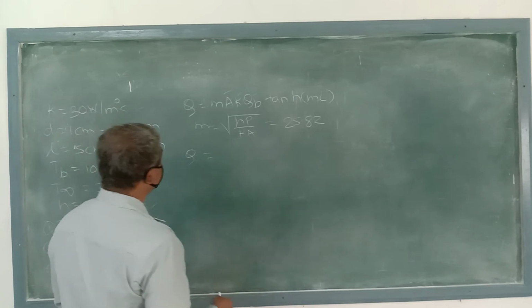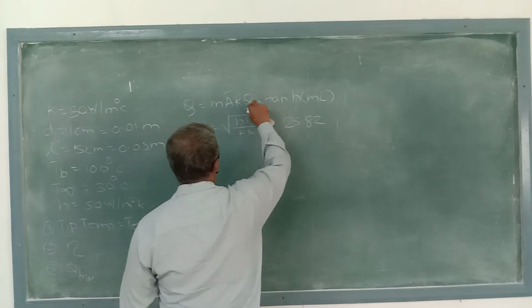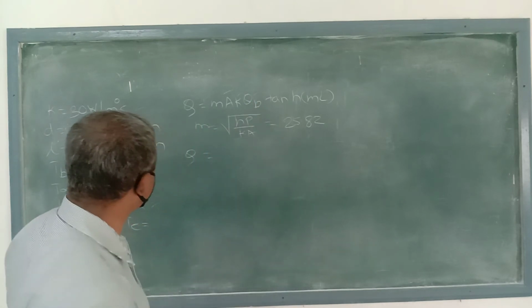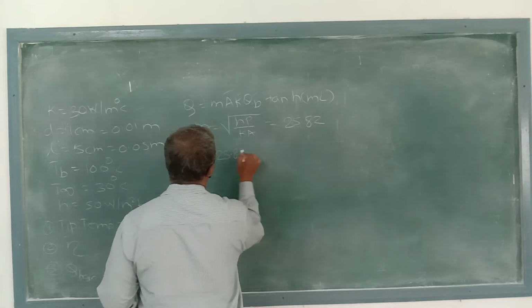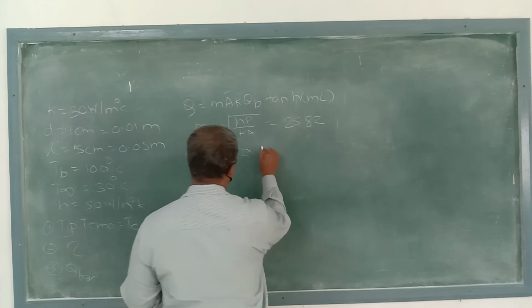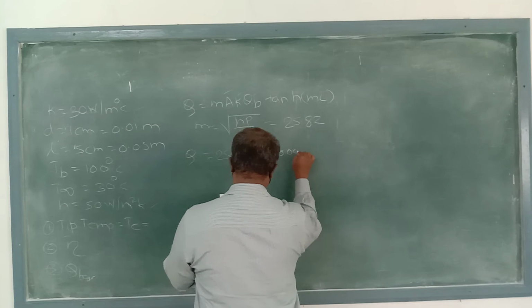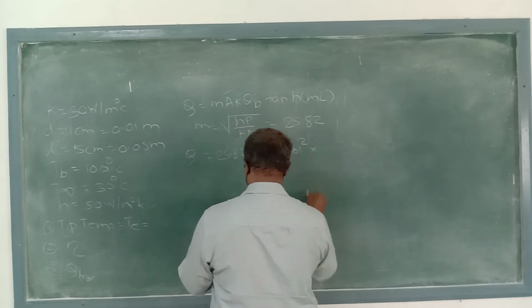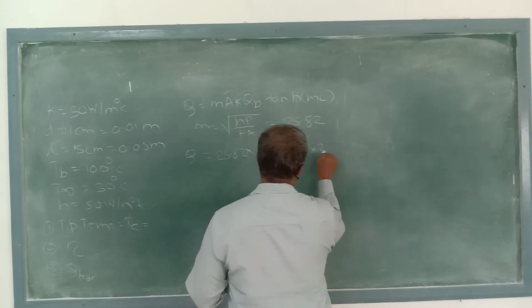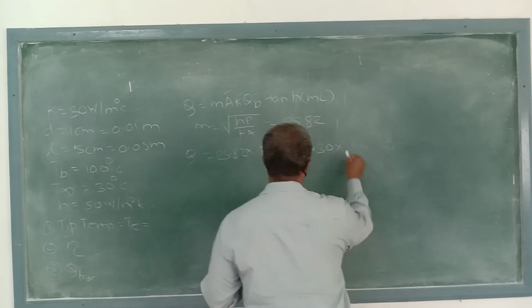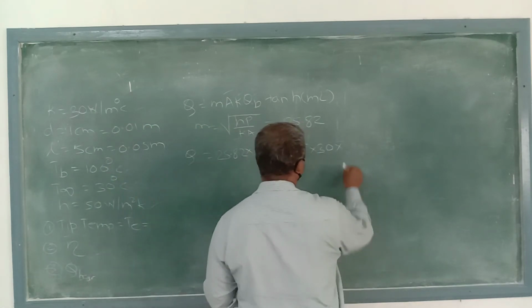So it becomes m = 25.82, area 5/4 into 0.001 square, into K, 30 into theta b, 100 minus 30.